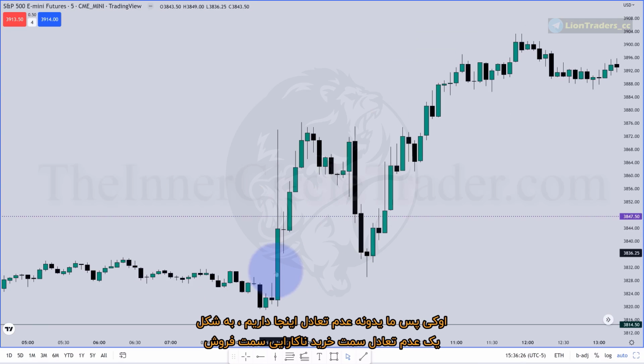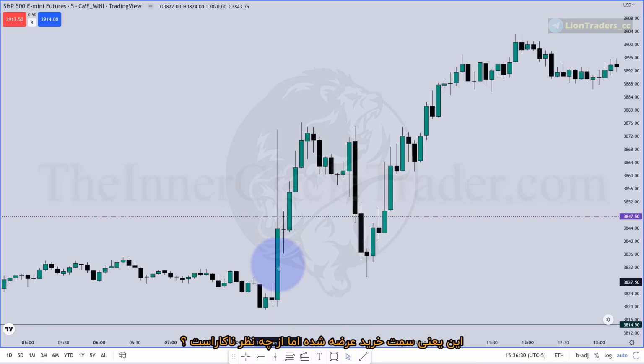Okay, so we have an imbalance here in the form of a buy side imbalance, sell side inefficiency. That means buy side was offered. It's inefficient in what? Sell side. So in other words, it needs to have some movement between this candle's high and that candle's low.